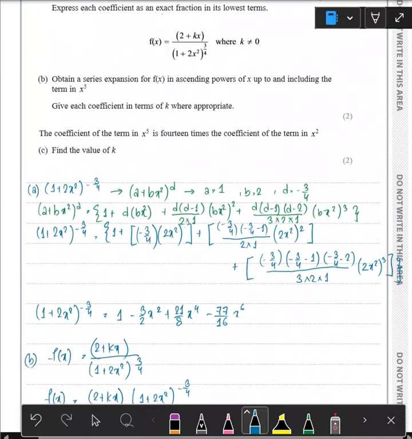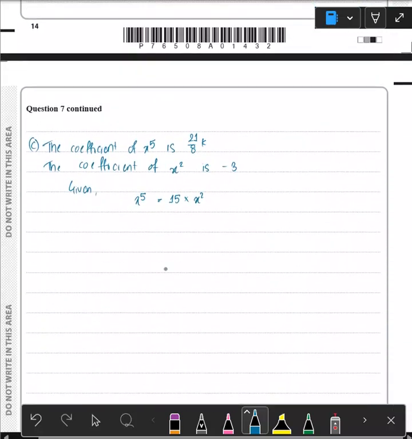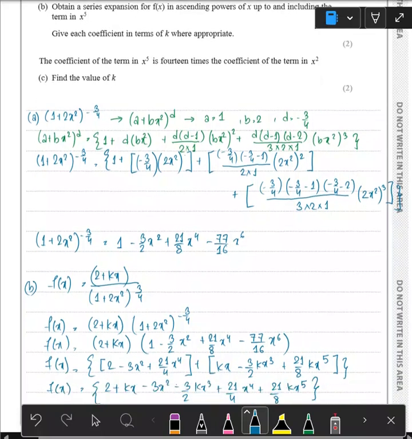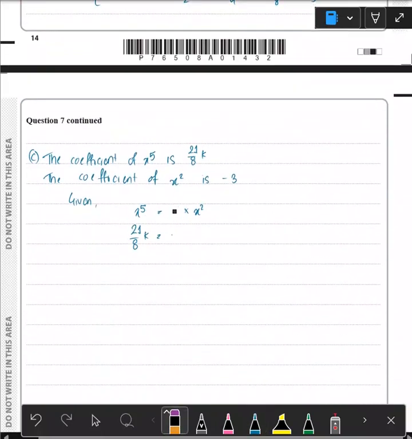So we can say that the coefficient of x to the power 5, 21 by 8k, is equivalent to 14 times, sorry, is it 15 times or 14 times? Sorry, 14 times. So 14 times the coefficient of x to the power 2. And the coefficient of x to the power 2 we got was negative 3.